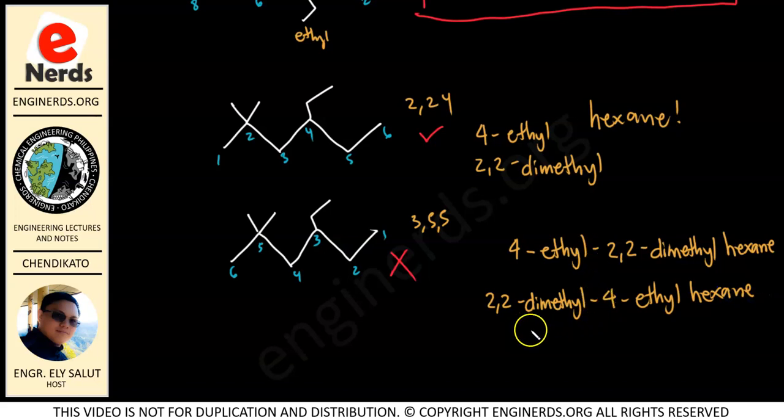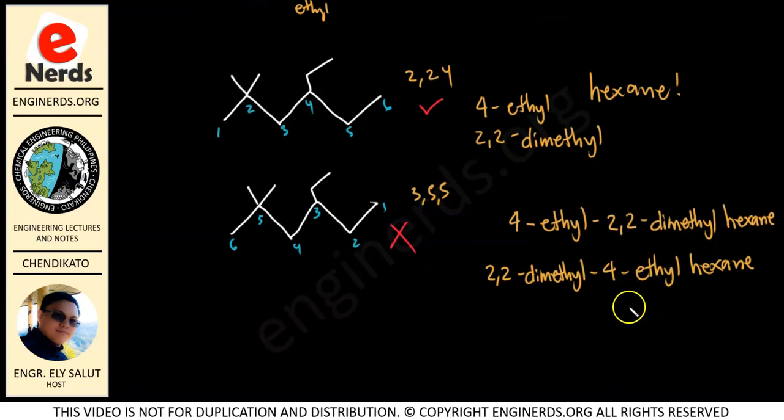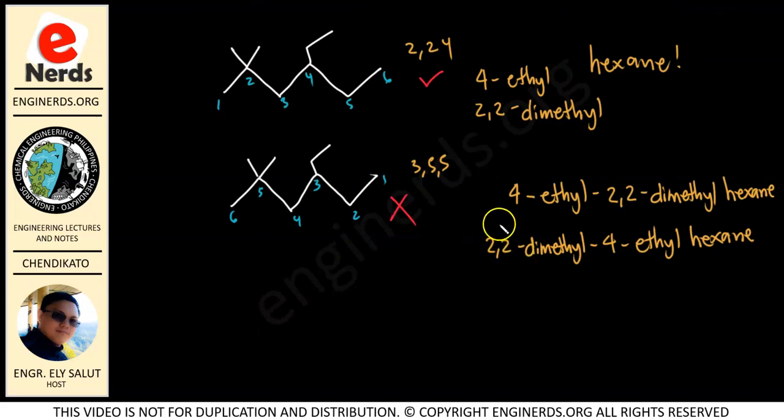So, as you can see, this looks alphabetical, right? Because this is dimethyl, which is letter D, and we have ethyl, which is letter E. And then, this is also arranged in ascending numbers. So, we have 2, 2, and 4. So, we will think that this is the correct answer, but actually, this is the correct answer here.